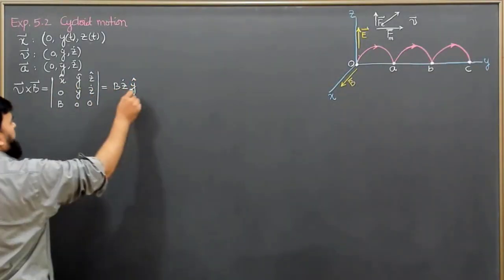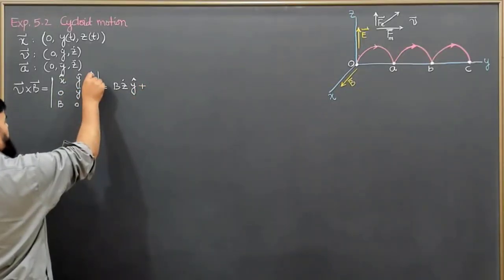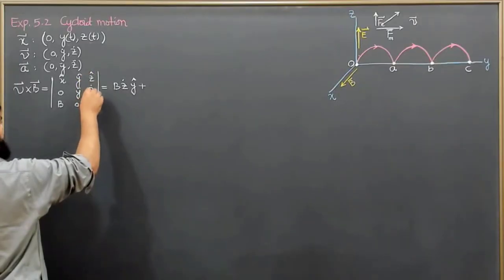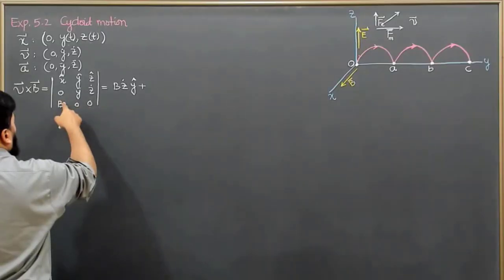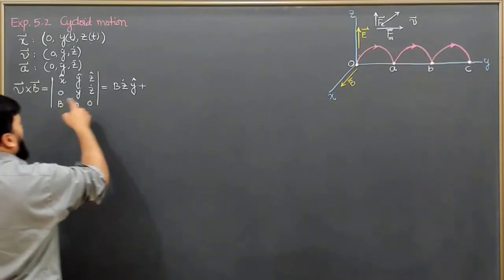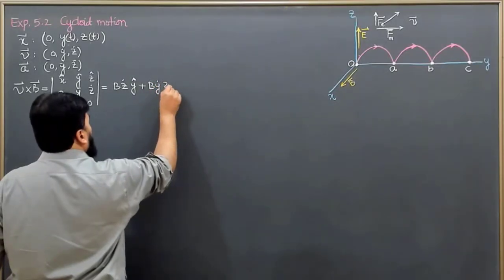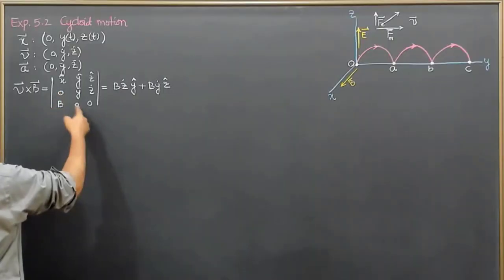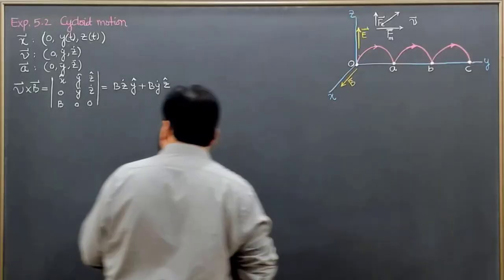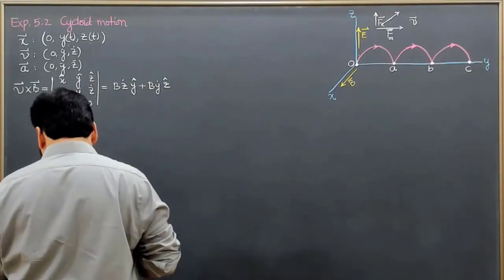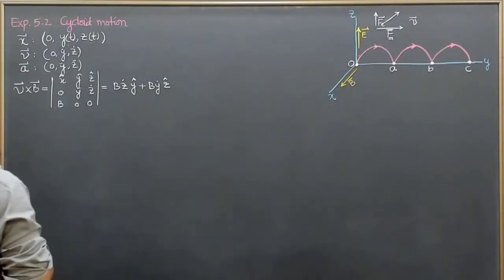Then plus we have, with this cancelled and this cut, so we are left with this multiplied with this, which is B_y dot in the z direction minus 0 here. So we have B_z dot and B_y dot in the z direction.